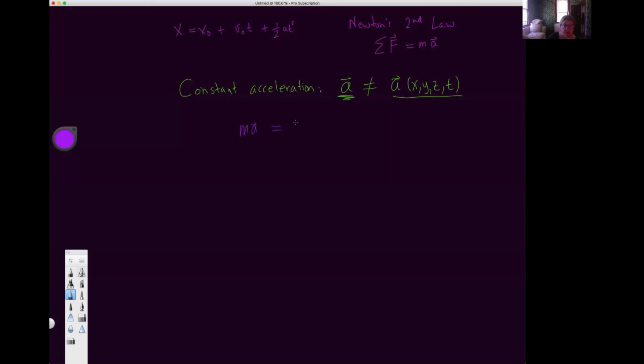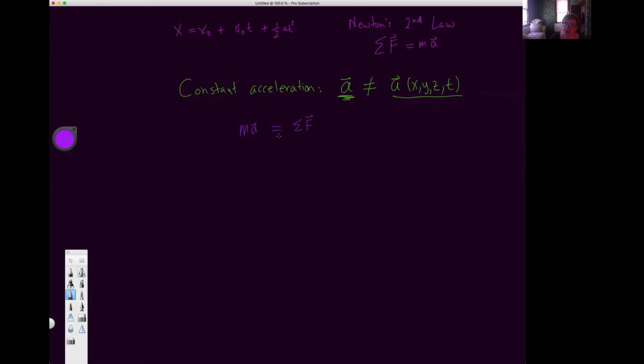And equal to the sum of the forces. Okay, so we have to figure out what force we're talking about. I'm going to deal with that in a second, but I'm just going to write down these equations. Oops, I forgot my vector sign.